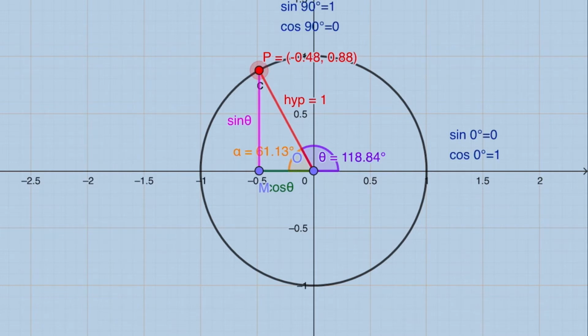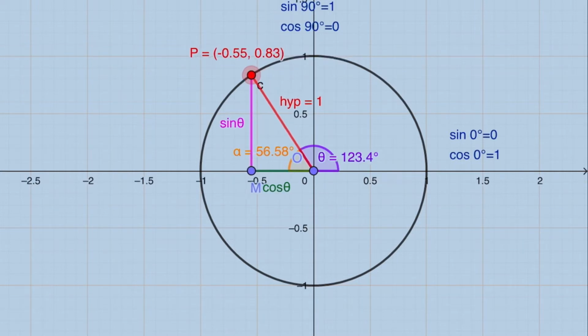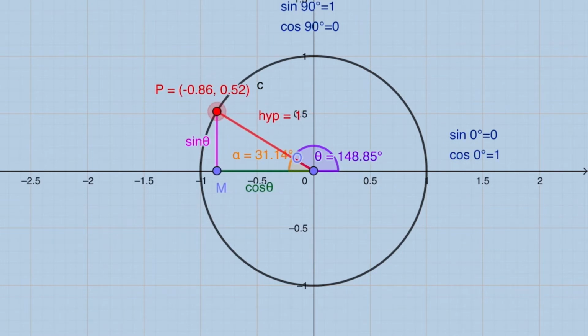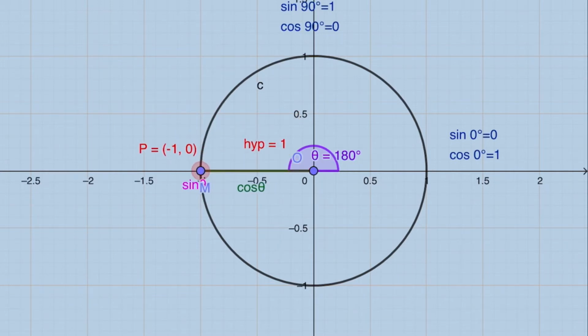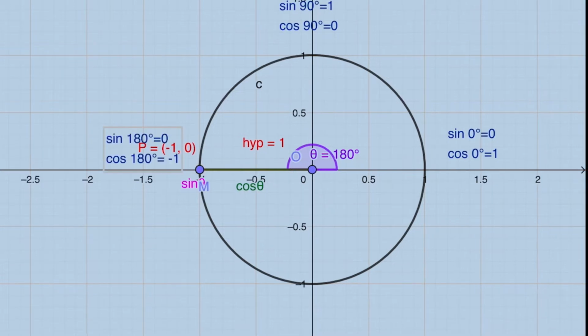X coordinate becomes negative, y coordinate becomes positive. That means cos theta value will be negative and sin theta value will be positive. Alpha is the reference angle of theta. As theta increases, cos value decreases, sin value is also decreasing. And if theta becomes 180 degrees, look at the coordinates of P, minus 1 and 0. Therefore, cos 180 degrees will be minus 1 and sin 180 degrees is 0.